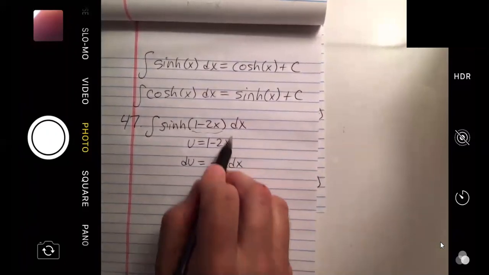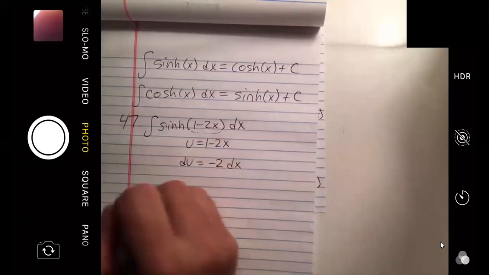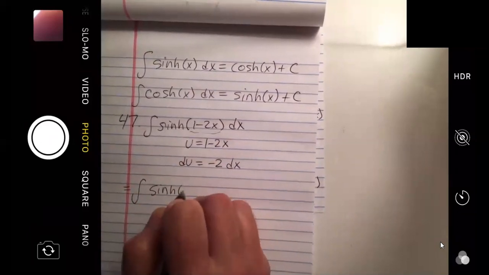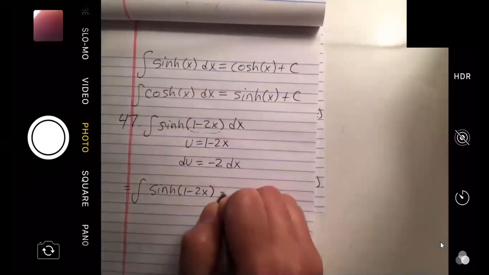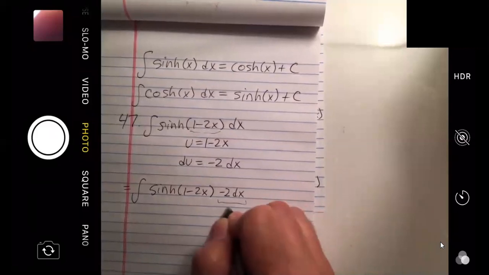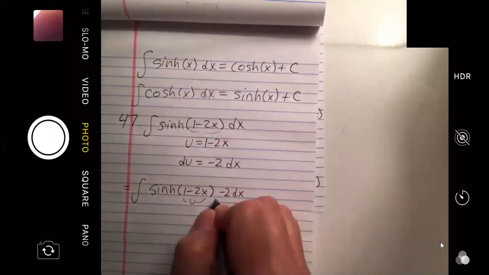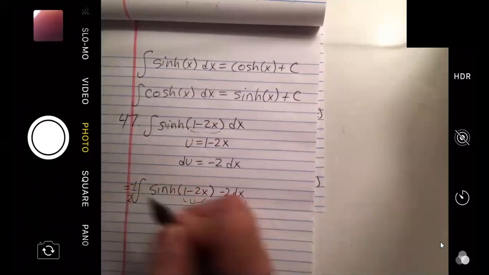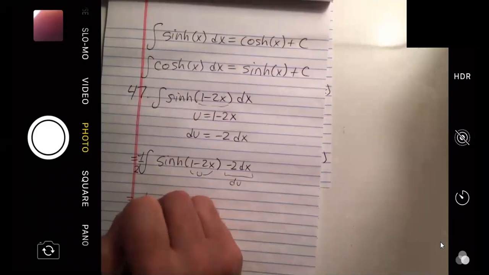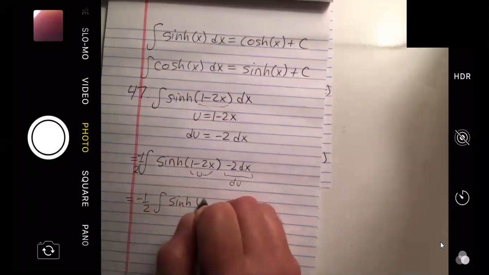So you're going to have to slide a -2 in here, fix it with a -0.5 in front. So you'll have an integral, I'll keep it in x one more step, with a -2 dx. This will form your du. This will be your u. You will need a fix of a -0.5 in front. So that gives you a negative a half, an integral of a sinh of u du.